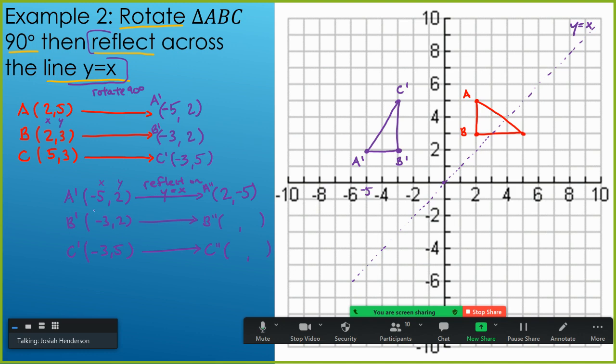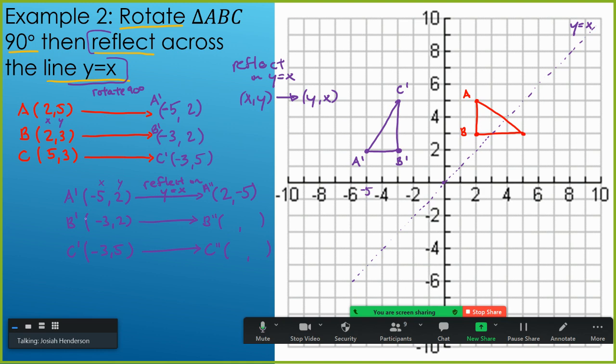But starting from the A prime, B prime, C prime, and I've got those written out on the left side of the screen, doing our reflection across this specific line means, let me write it again here. I'll write it at the top. Reflect on y equals x. This rule said all xy's turn into yx, meaning nothing gets changed as far as its negative goes, but we do swap their positions.